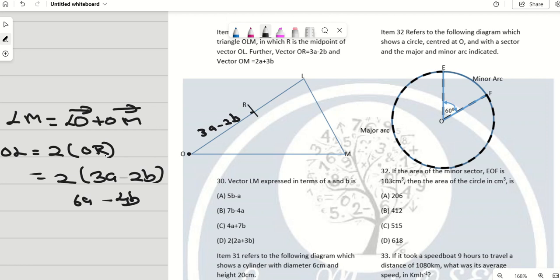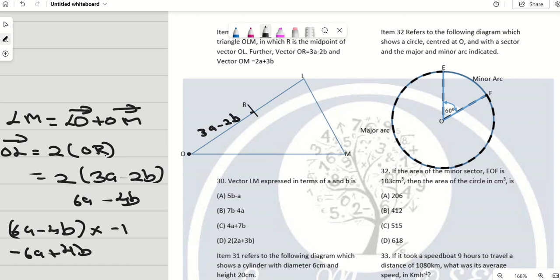But we don't want OL, we want LO, meaning it's going in the opposite direction. So we multiply 6A minus 4B by negative 1 and get minus 6A plus 4B.